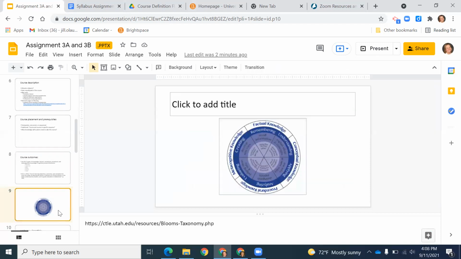And you can see in this Bloom's wheel, factual knowledge consists of remembering and understanding. Conceptual knowledge is understanding and applying. Procedural knowledge can be analyzing and evaluating, and metacognitive knowledge can be evaluating and creating.